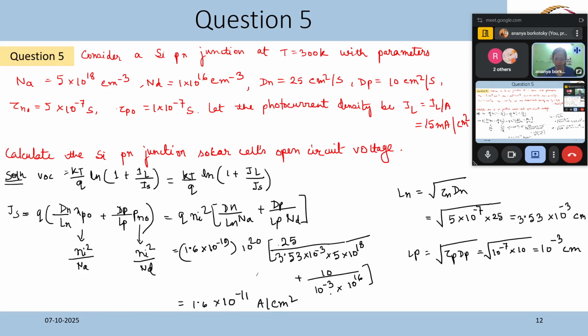So my VOC will be KT by Q. At 300 Kelvin, that will be 25 millivolt, right? I am calculating voltage, so 0.025 ln of 1 plus IL by JS.